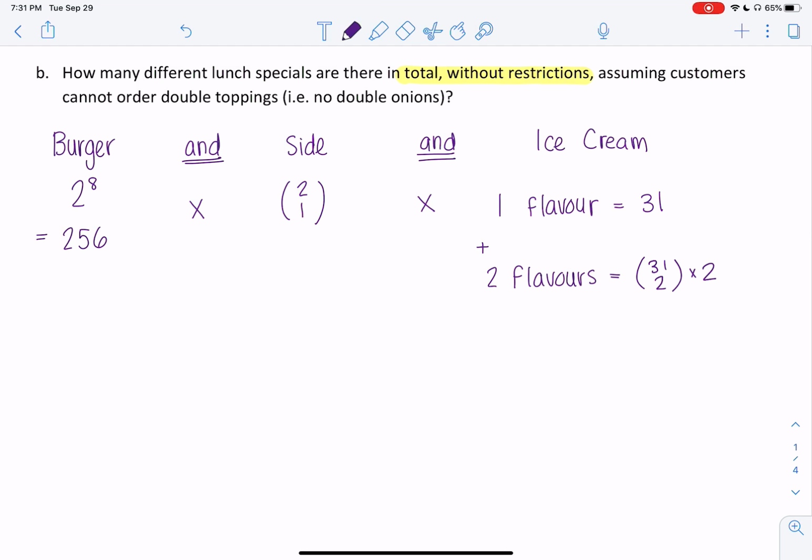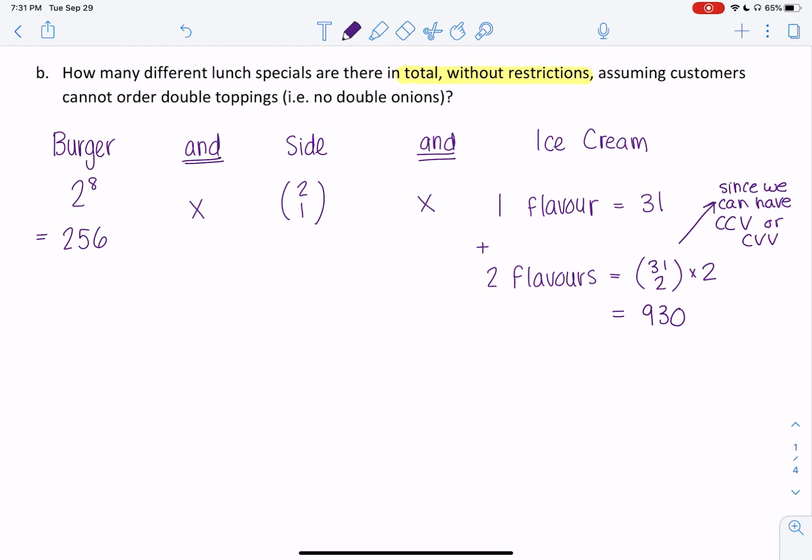And the reason we have to do that is because we can have something like chocolate, chocolate, vanilla, or chocolate, vanilla, vanilla. And those 2 things are still different, but we need to multiply this by 2 just to make sure that we account for all of those options and all of those situations. So when I put that in my calculator, I will get 930.